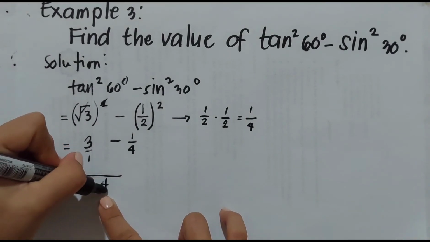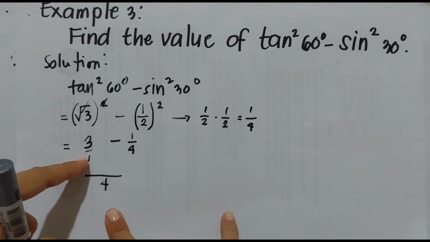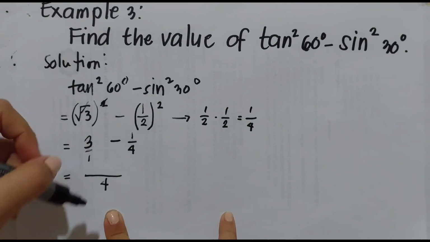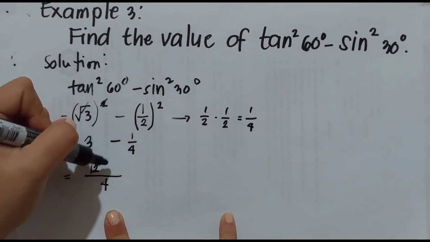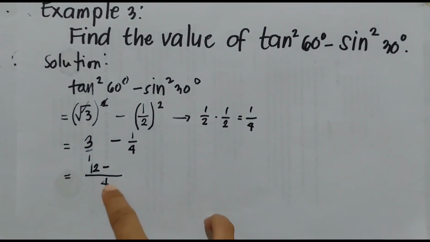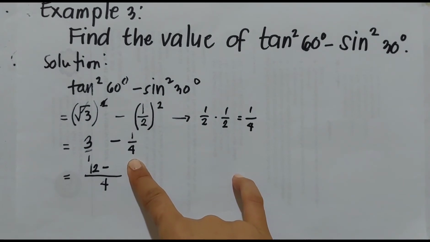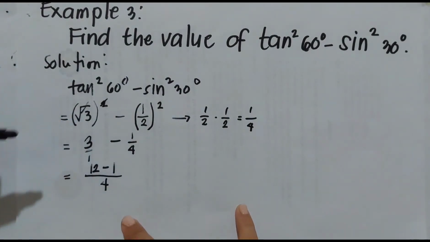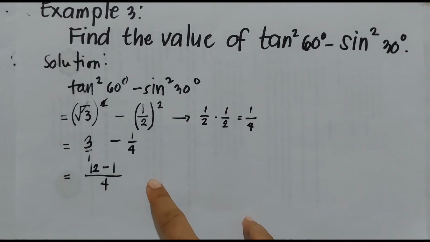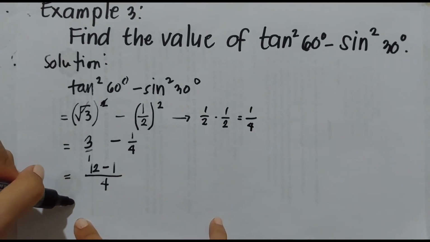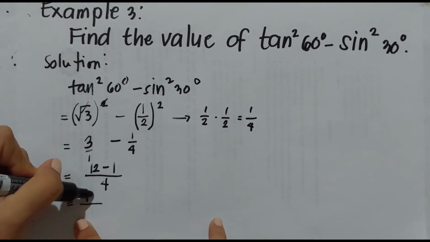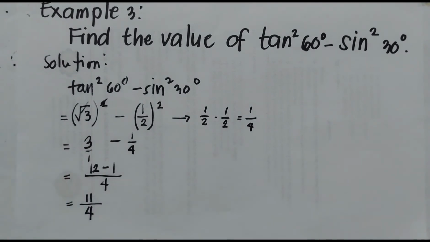So, we have here 4. 4 divided by 1, 4. Times 3, you have 12. Then, copy the operation minus. 4 divided by 4 is 1. 1 times 1 is 1. 12 minus 1, lain sa gigikabaw. So, that is 11 over 4. So, you have there 11 over 4.